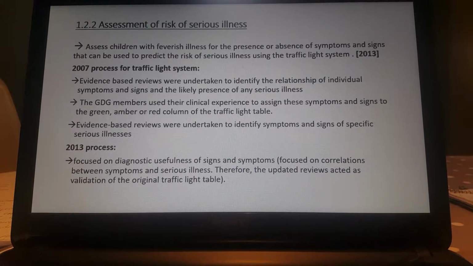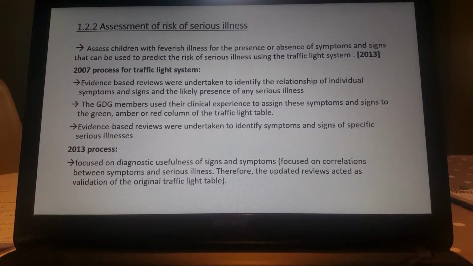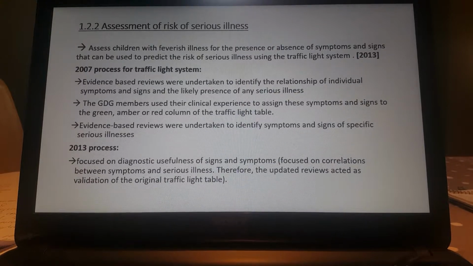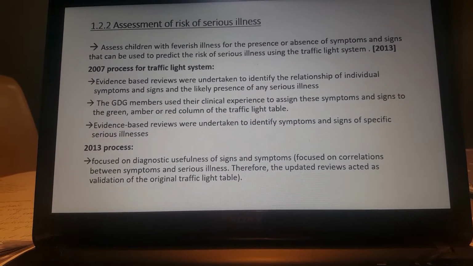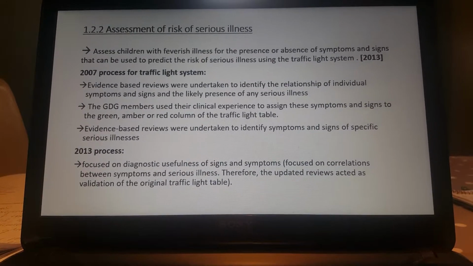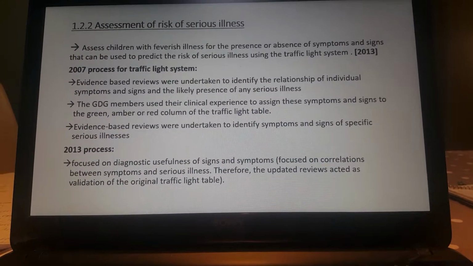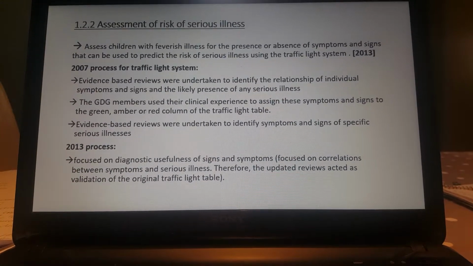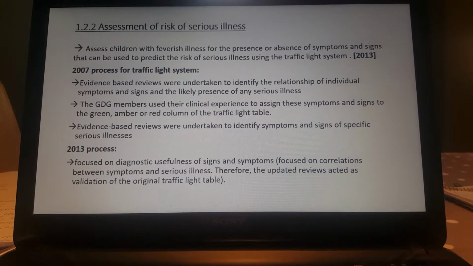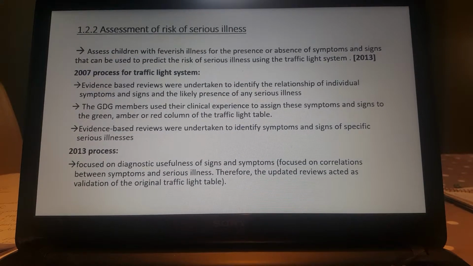One of the main features of this guideline is the use of the traffic light system, which helps to assess the risk of serious illness. The traffic light system existed in the 2007 guideline, where evidence-based reviews were undertaken to identify the relationship of individual signs and symptoms and the likely presence of any serious illness.